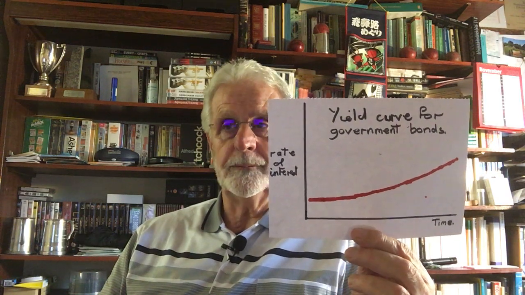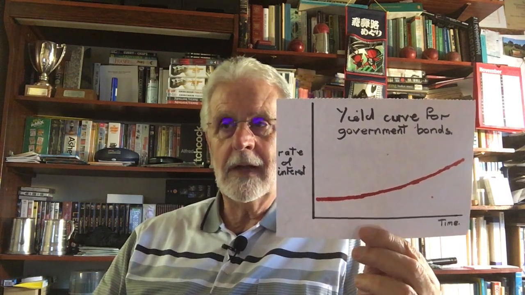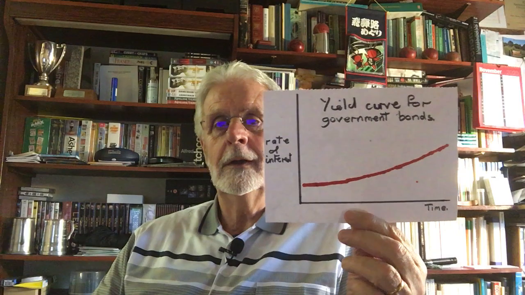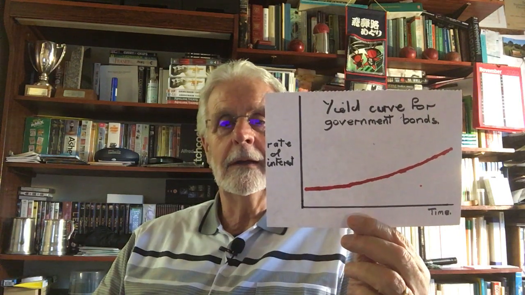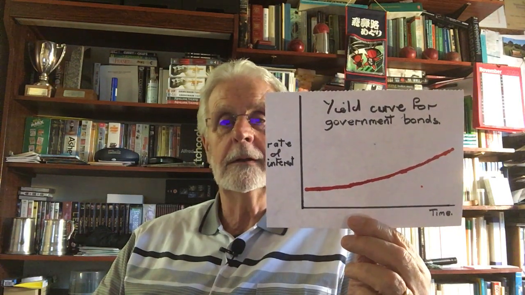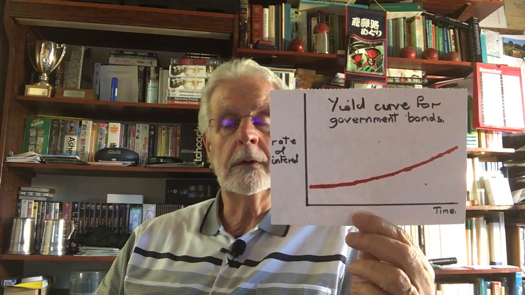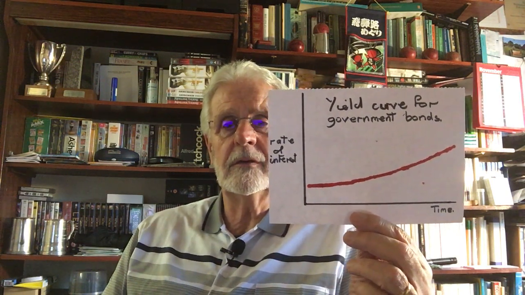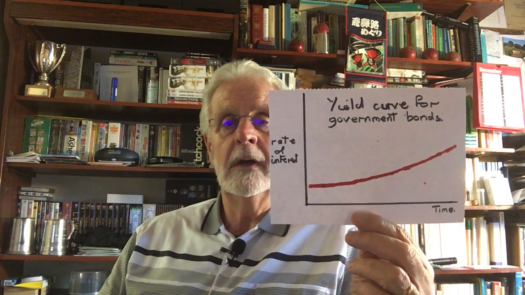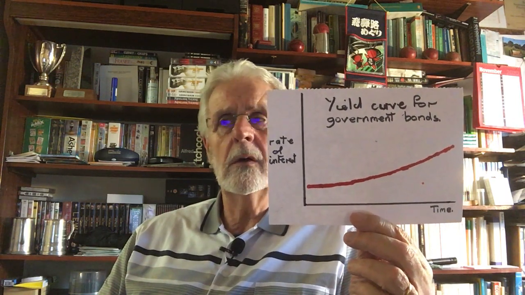The argument for that is what's called a preferred market yield curve analysis, that people who give up the right to consume goods and services, the opportunity cost of giving up, need greater rewards the longer the period of time.